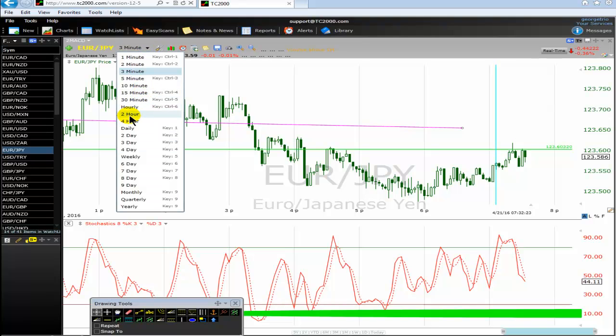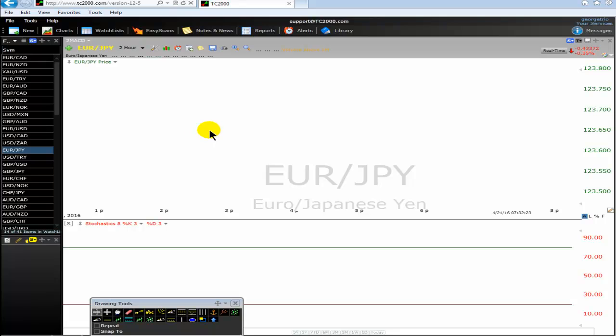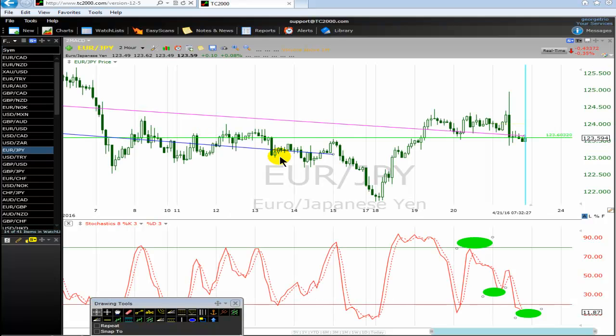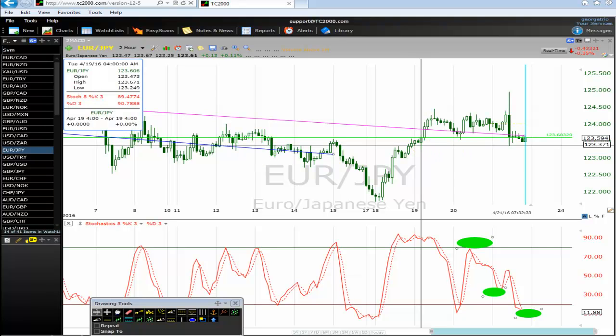I'll go to the 2-hour time frame, and I want to check where is the best place to put my stop loss. This is for day trading purposes. 20 pips.